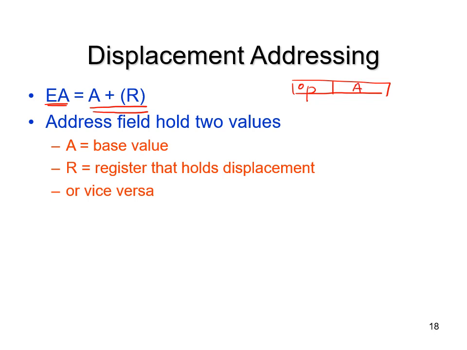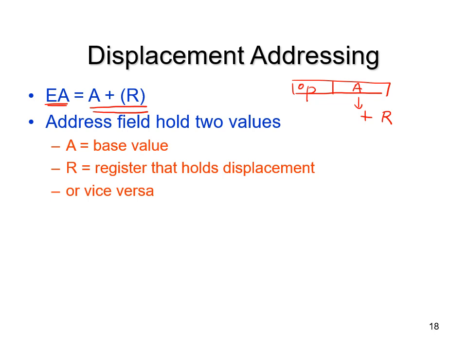But instead of directly accessing the operand A as the memory address, we use this A added to a displacement stored in R. We can extend the memory access space.